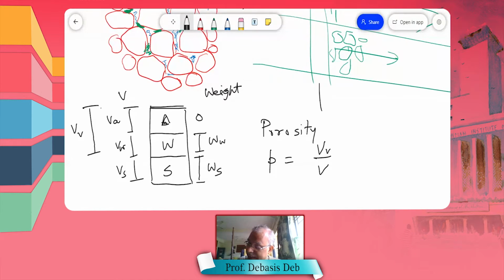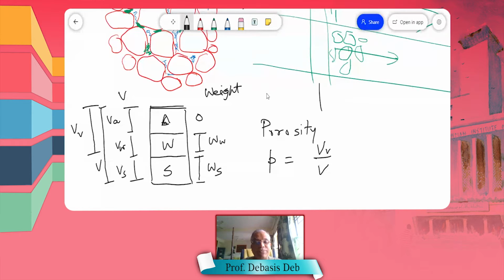So total volume is this. We call this porosity. Volume of void, that means volume of air plus water, divided by the total volume. This is called porosity. Okay, this is the first definition.